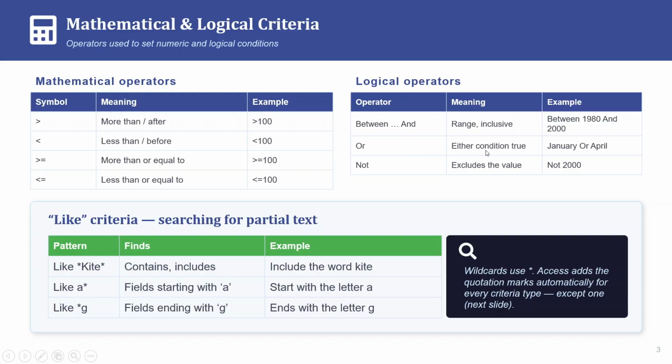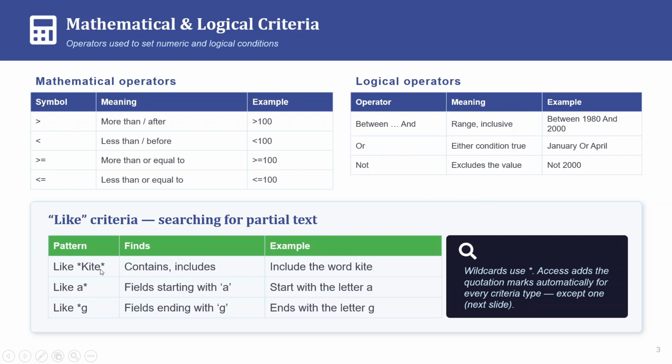Okay. And then there are cases where you use or. So here, if we get any question that has to do with or, I'll come back to stress on this again. You type January or April on the same line where you have the category for that particular field you are interested in. Not inclusive. It just use the word not.